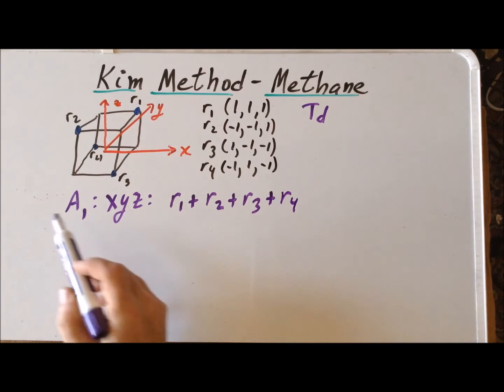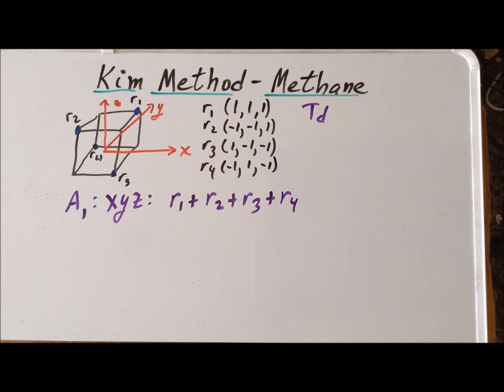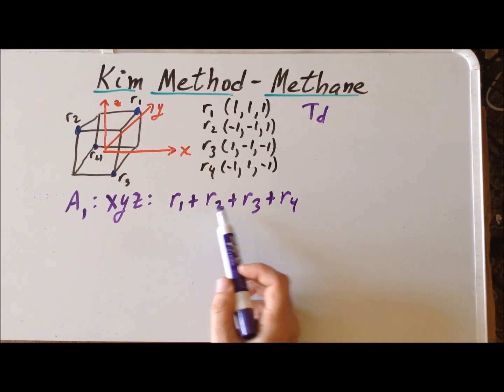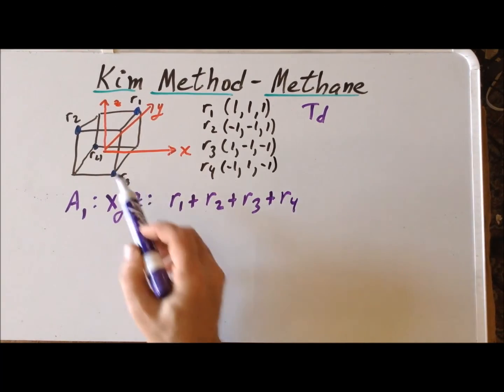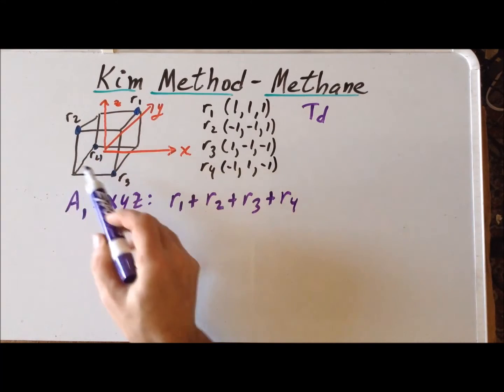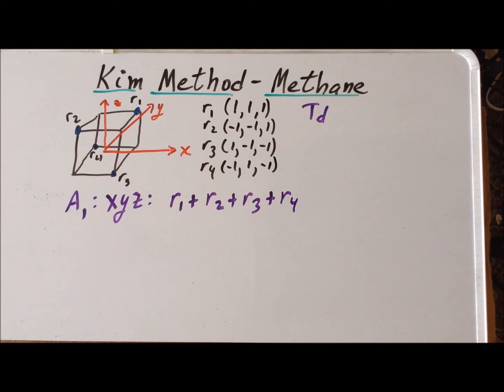So our function to describe the A1 stretching vibration for methane is R1 plus R2 plus R3 plus R4, which means each of these vectors gets bigger at exactly the same time. So all 4 of the carbon-hydrogen bonds get bigger at the same time, then get smaller at the same time.